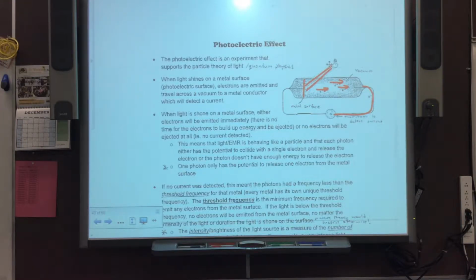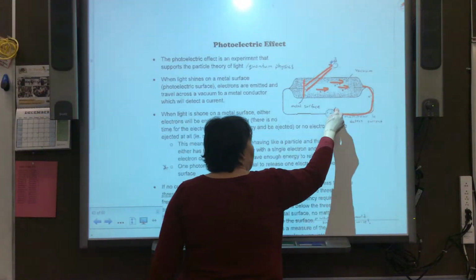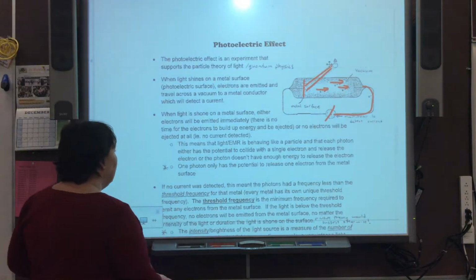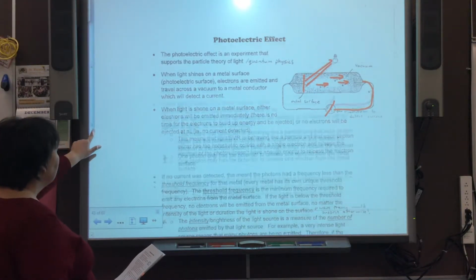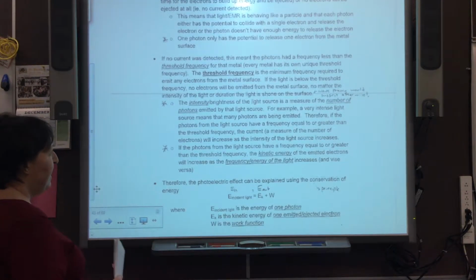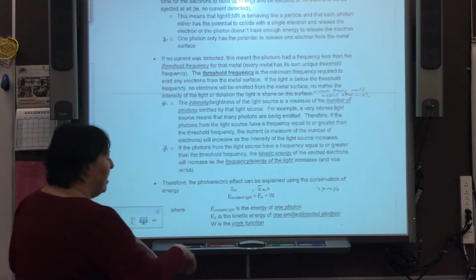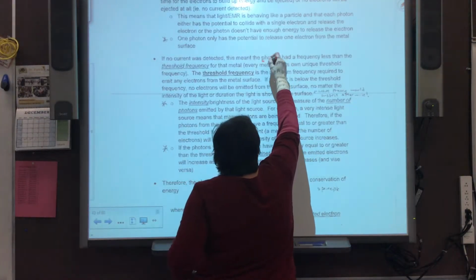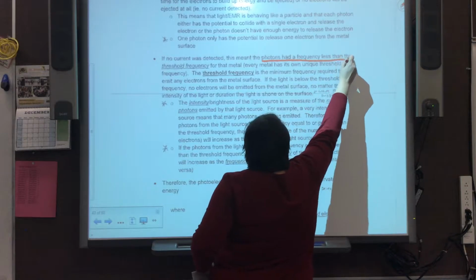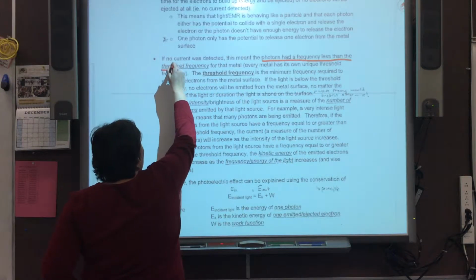surface. If no current was detected, so if this meter was not picking up any readings, then that means that the photons have a frequency less than the threshold frequency.